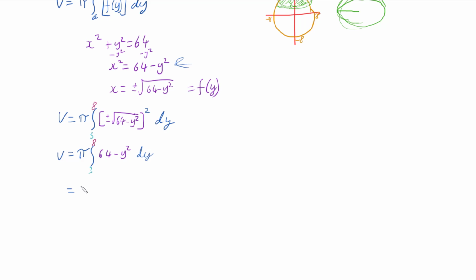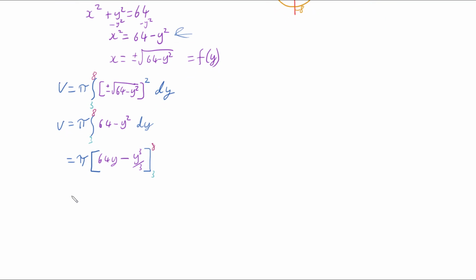So now let's integrate this. Our volume is going to be pi times 64 integrates to 64y, and y squared integrates to y cubed on 3. And we're still between the bounds of 3 and 8.